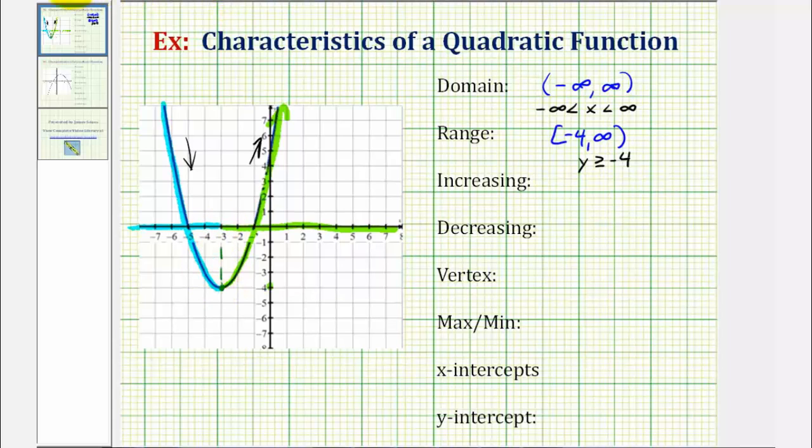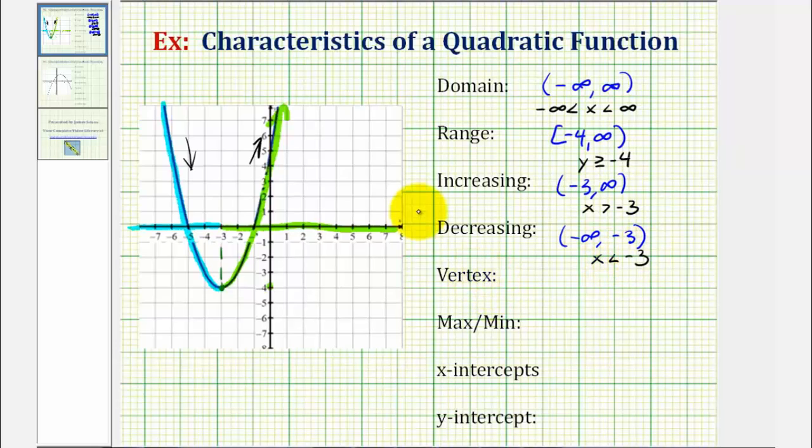So the function is increasing to the right of -3, so from -3 to infinity, or if we want, when x is greater than -3, and it's decreasing on the interval from -infinity to -3. Again, both intervals are open on -3 because -3 is not included. So we could say this would be when x is less than -3.